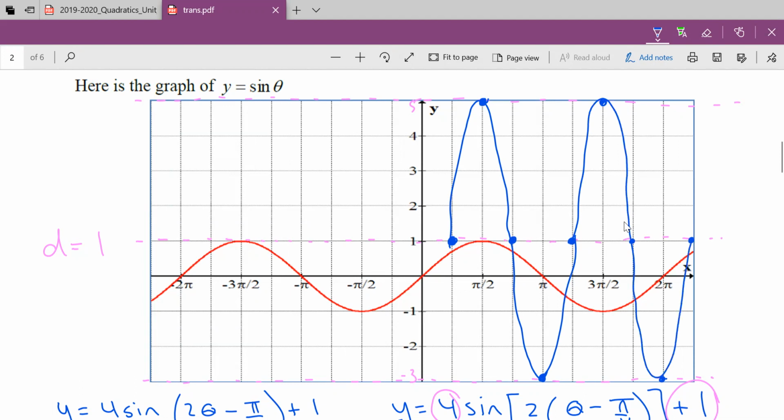If I wanted to go backwards into the negatives, I just repeat my pattern. And there it is. And it would keep going. Now if this was on a test, I would draw it a little more carefully. I've got the coffee shakes, but it would look a little prettier than that.